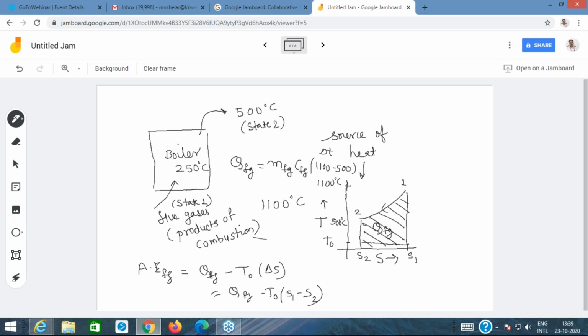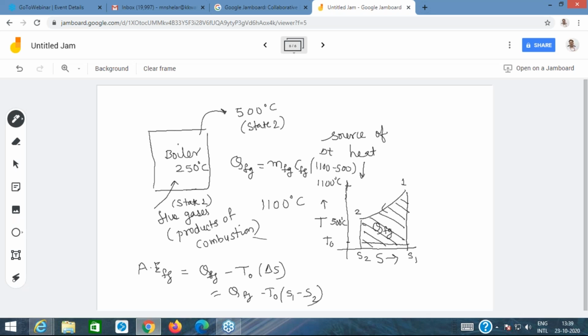So the available energy of the flue gases can be calculated as QFG, that is the heat lost by the flue gases, minus T naught delta S.